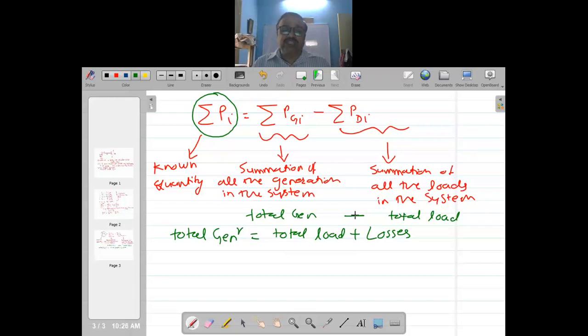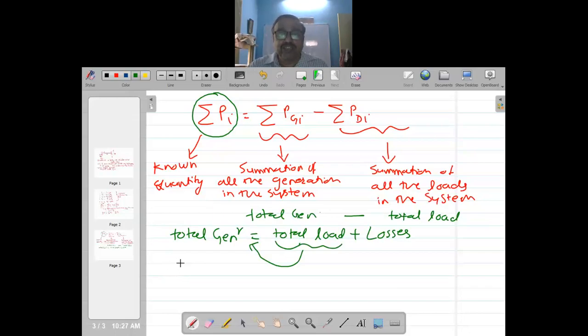So when we say that total generation minus total load is a known quantity, if I bring this on this side, it will be total generation minus total load equal to losses.